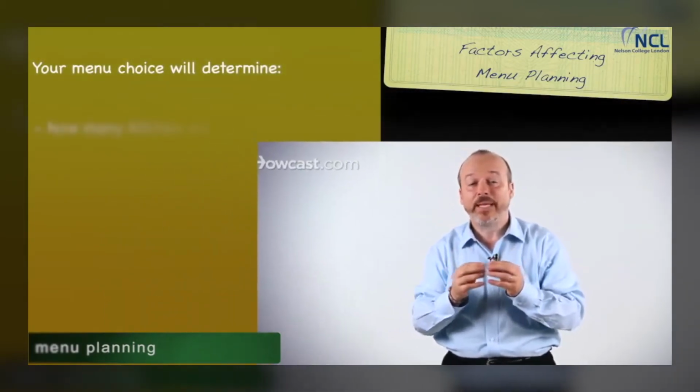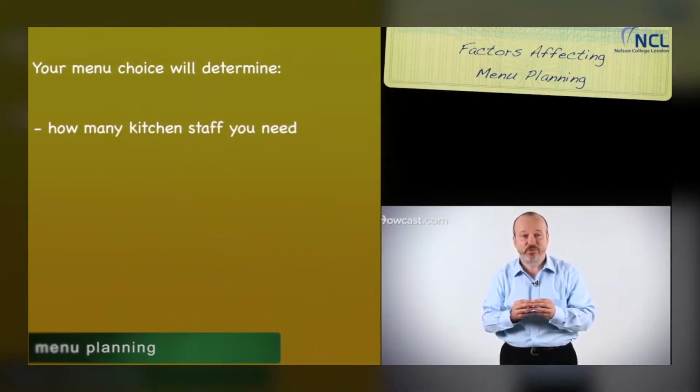One thing that's very important to keep in mind is that your restaurant menu will have a very powerful impact on many parts of your restaurant business. It will determine how many people you need in the kitchen to produce the food. It will determine many of your price points.